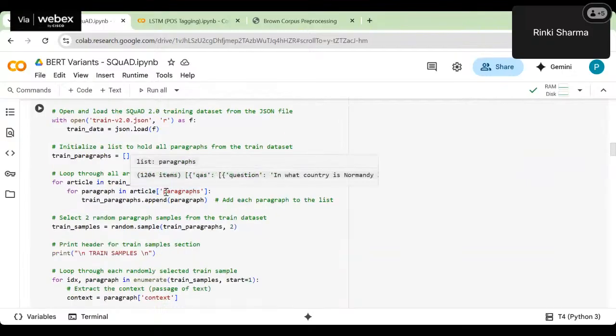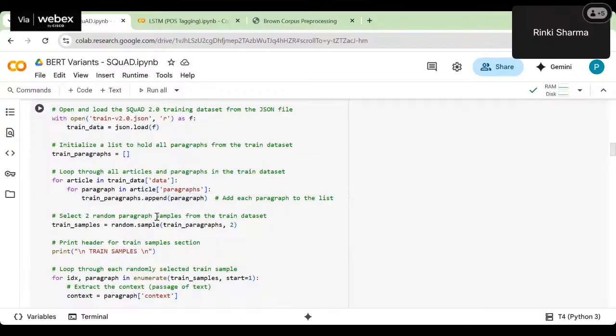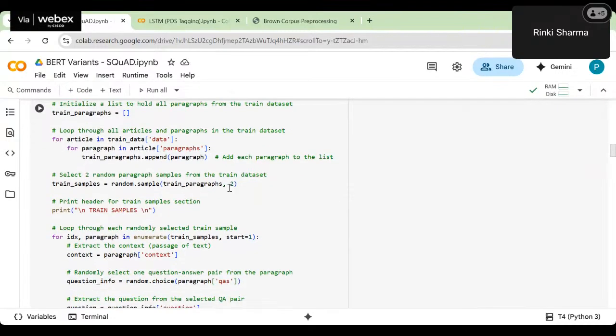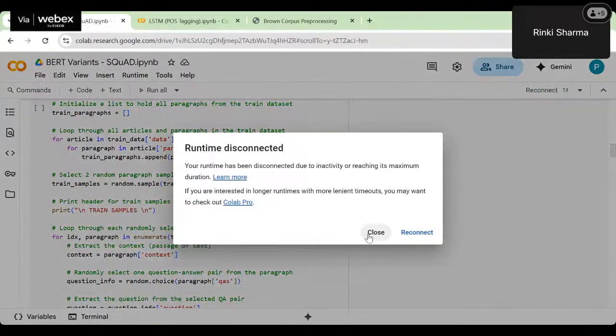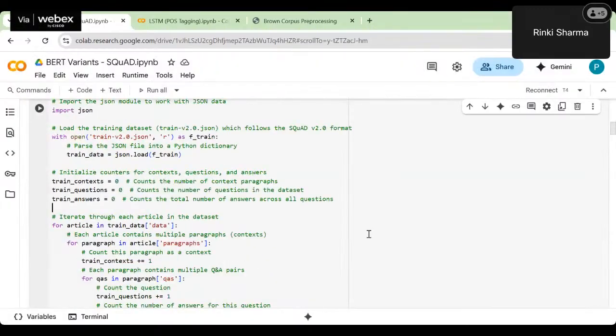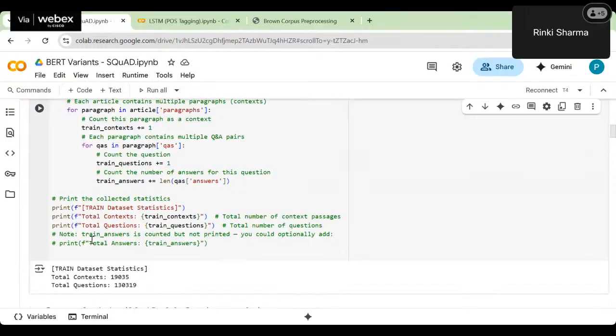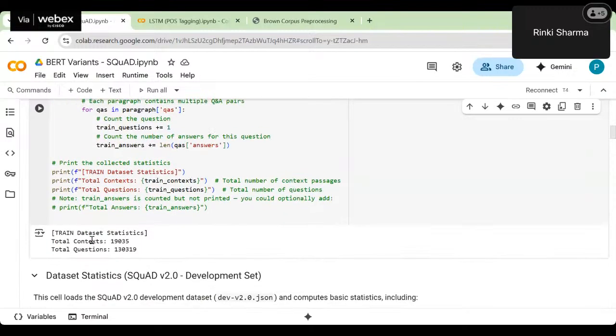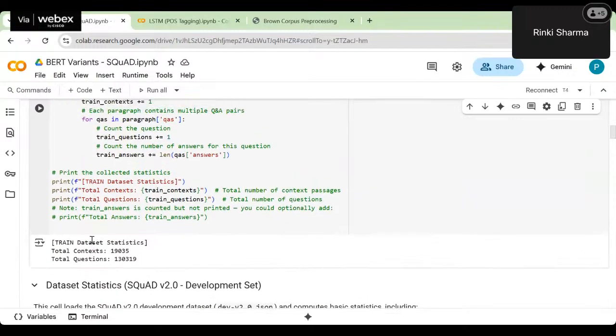It is tagged by paragraph, so we ask for paragraphs, and we choose any two samples. The random sample in the training paragraph is 2, and we print those chosen random samples just to show how the training data looks. So this is how the training data looks. Sorry, again it printed the output.